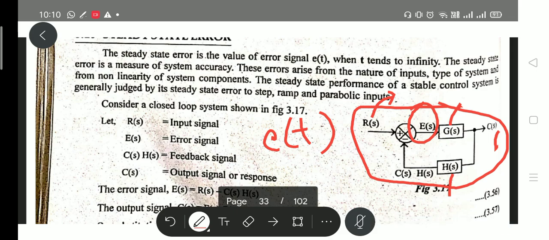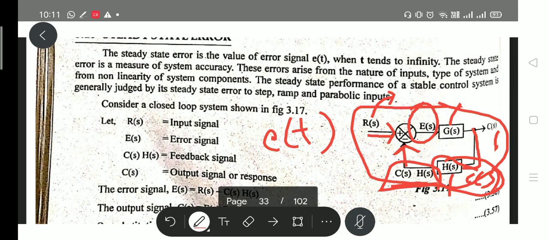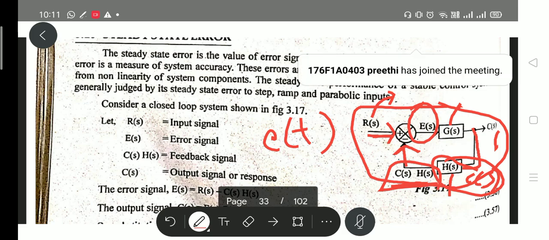Here C of s and H of s are in cascade, so multiplying both we get C of s into H of s. The input is R of s, so we get R of s minus C of s H of s is equal to E of s.